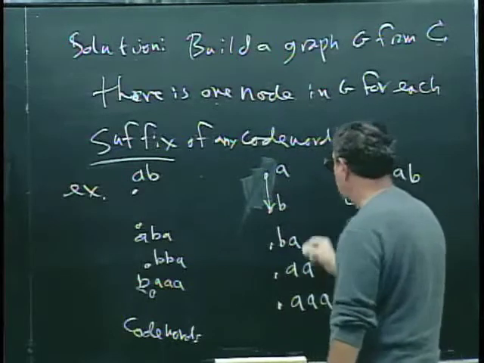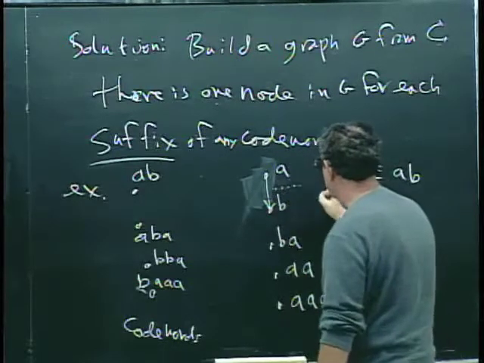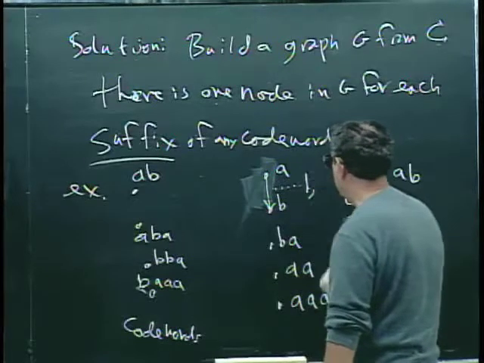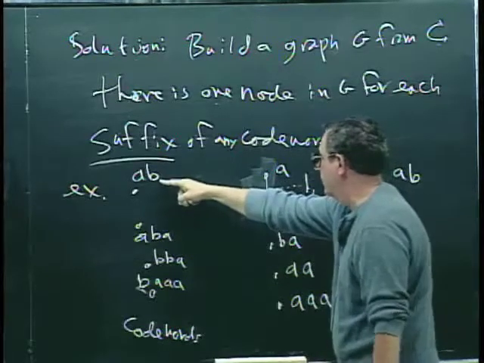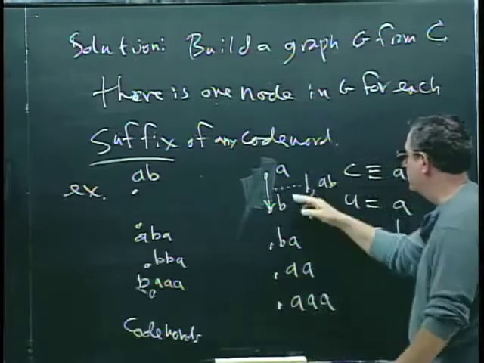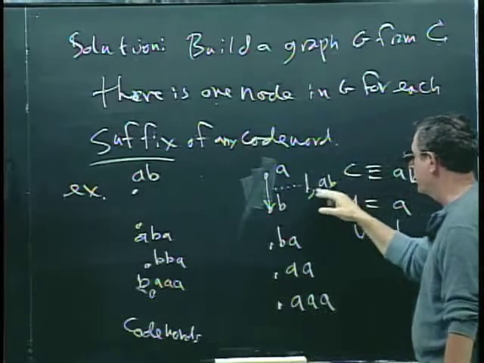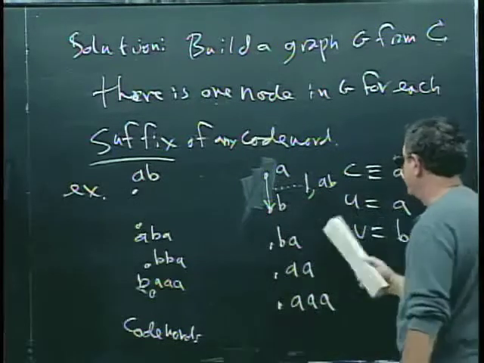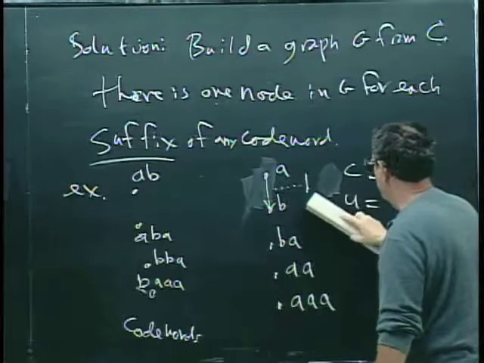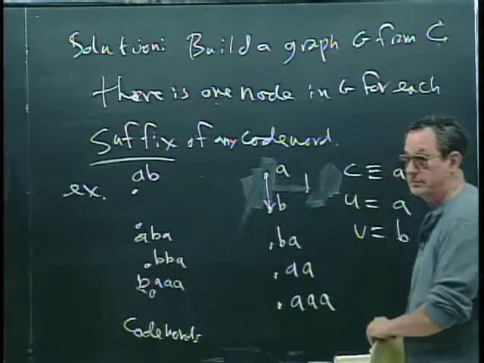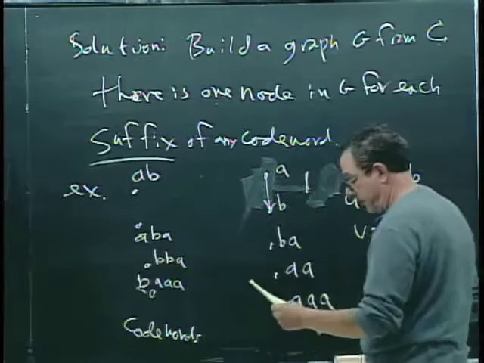And I could note also, if I want to, that this is a type 1 edge, and what C is, AB. Although that's implied, because if you want to know what the code word is, you just take this followed by that. Okay, so it's really enough to say that that's a type 1 edge. Okay? Let's look at another type 1 edge.